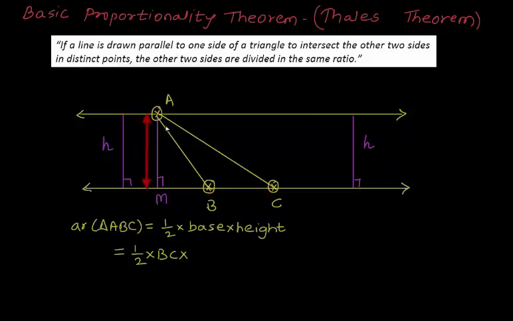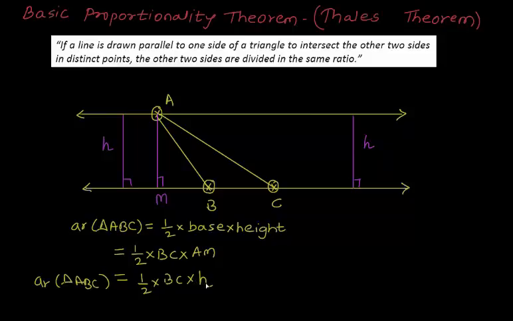The height of the triangle is AM. Now if you see, AM is the perpendicular distance between the two parallel lines, which is H, and it remains constant throughout the parallel lines. So this is the area of triangle ABC. We can mark it as area of triangle ABC as half into BC into H.